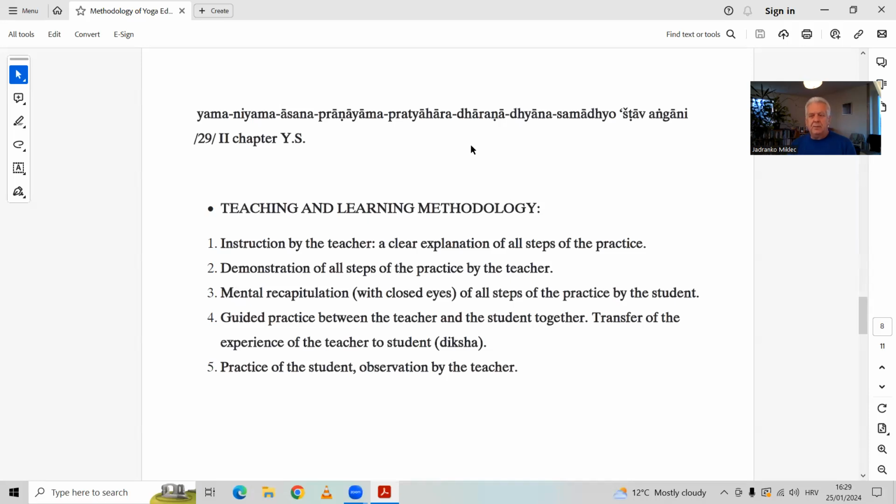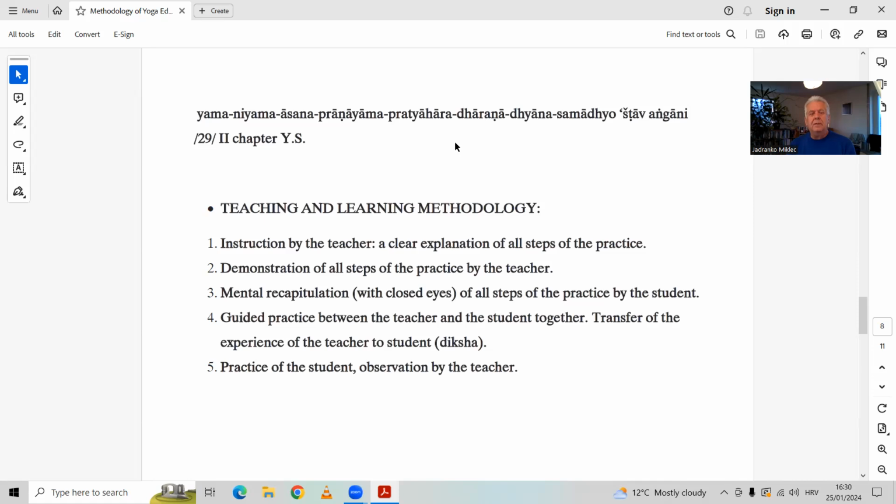Everybody who practices yoga, I think, becomes familiar with that. This is the central teaching of yoga, these 8 fields. And then in relation to those 8 fields of yoga, there are specific practices which you learn, and the methodology.